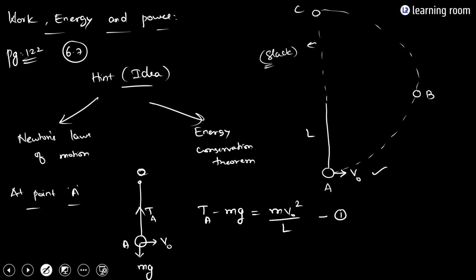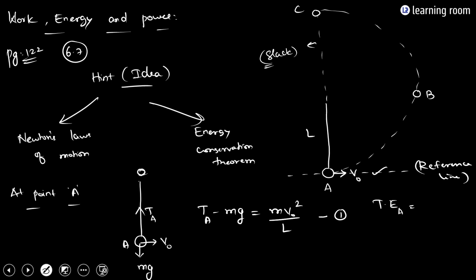Now what we will do is, if I take the bottommost point as the reference point, if I draw a line through the bottommost point and call it the reference line, that point is taken to be the origin. Right? So with respect to that, what are all the energies possessed by the object? If I ask you, what is the total energy of the system at point A?